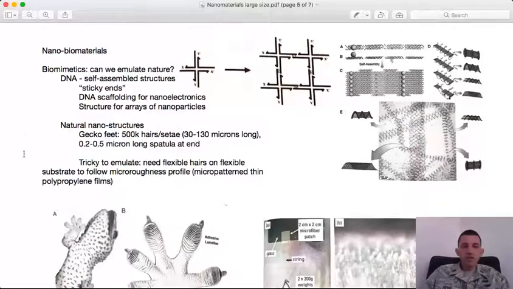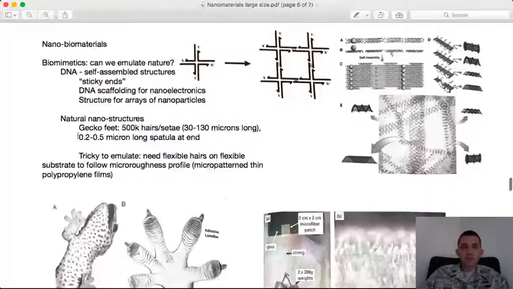And so many researchers have tried to use that natural self-assembly of DNA molecules, and our increasing ability to manipulate DNA, to use it as essentially DNA Legos to build nanomaterials. So you get a DNA molecule and you functionalize it with sticky ends, and it bonds in a way that creates a nanostructured material, which you can then use as scaffolding to deposit other materials and get them in the right positions and make structured arrays.